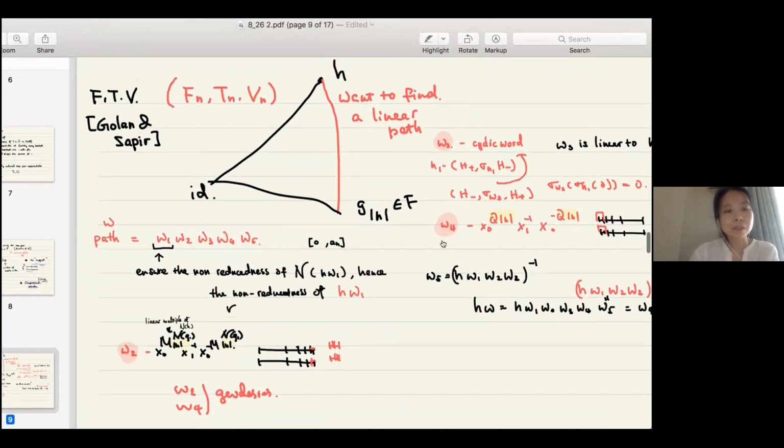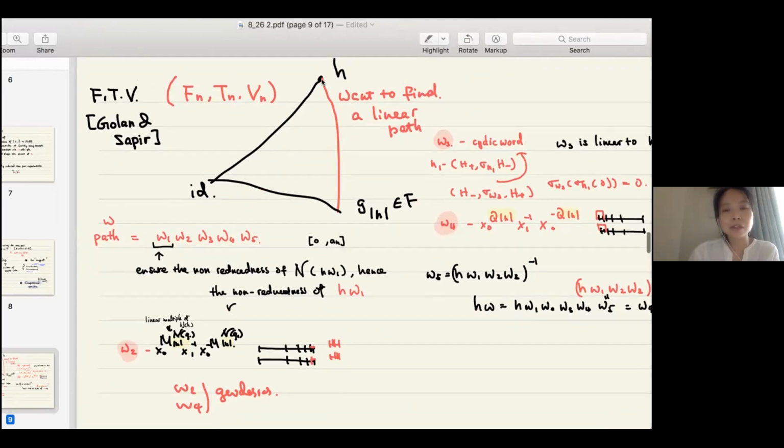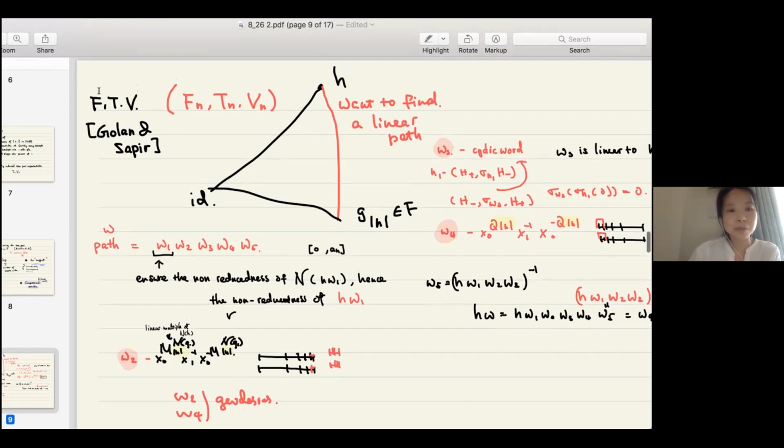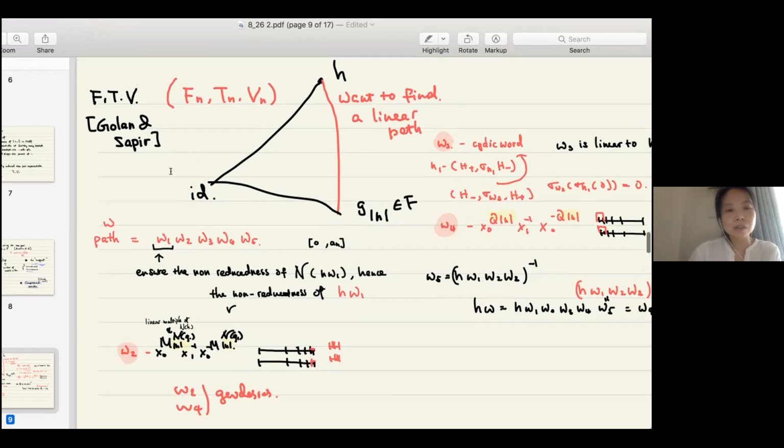As I mentioned when I was talking about the divergence function, we're going to find a path from a point in the Cayley graph to some other point and then avoid the ball. But here we're going to use Thompson's group F as a measurement for all other generalizations and all other larger groups.